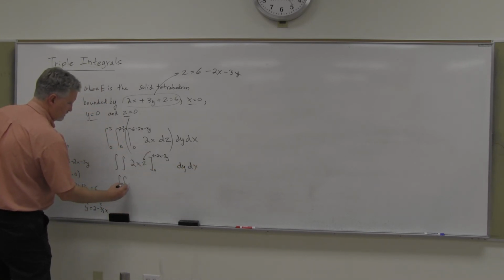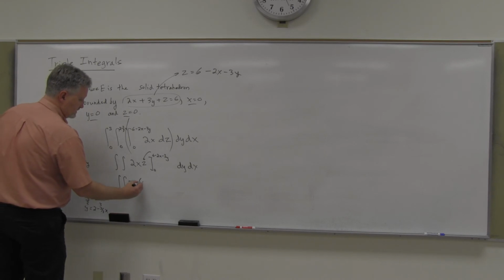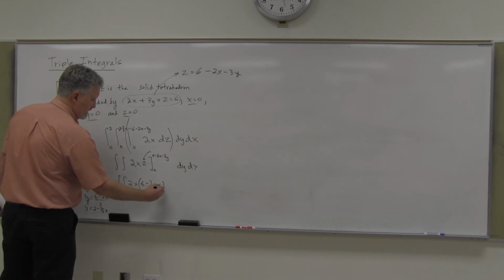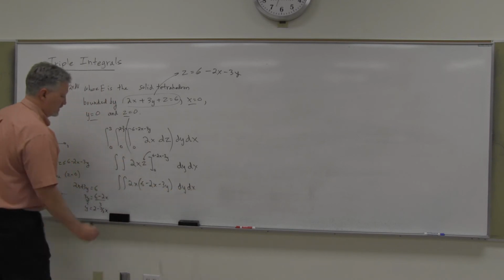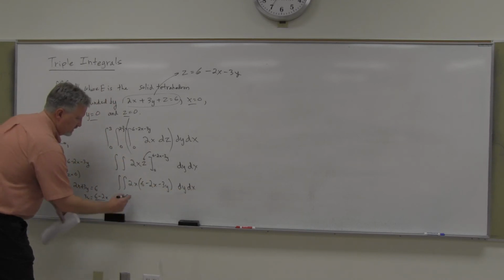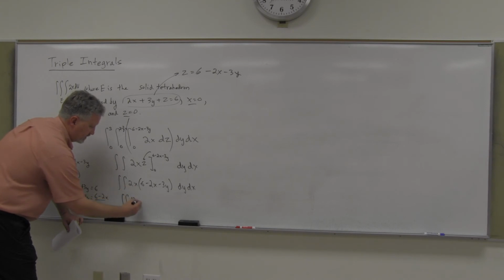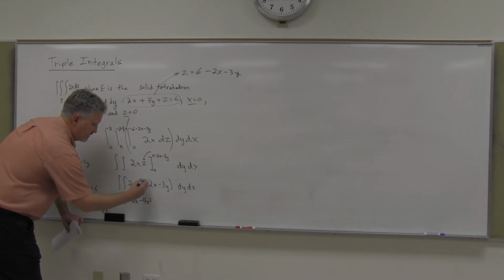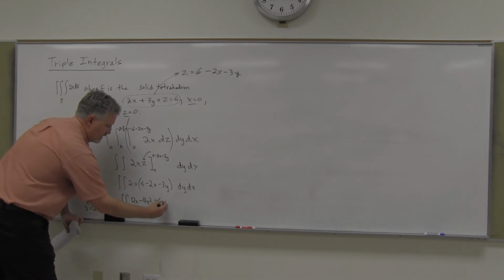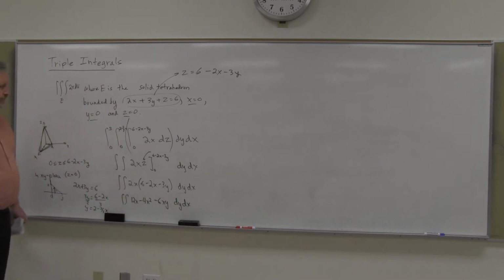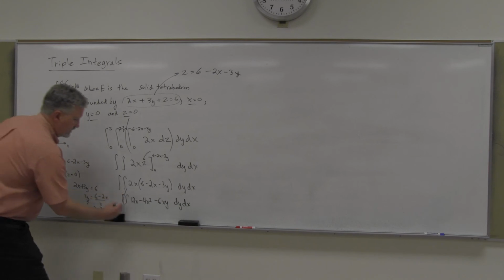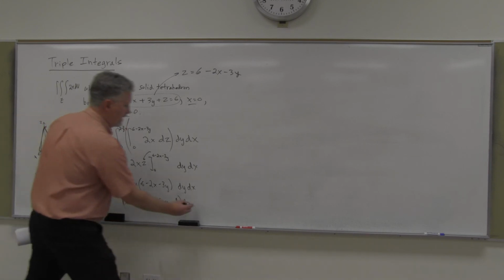So we have the double integral of 2x times 6 minus 2x minus 3y. So that gives me 12x minus 4x squared minus 6xy. So now I'm doing an integral with respect to y.